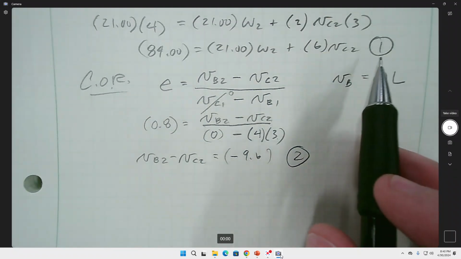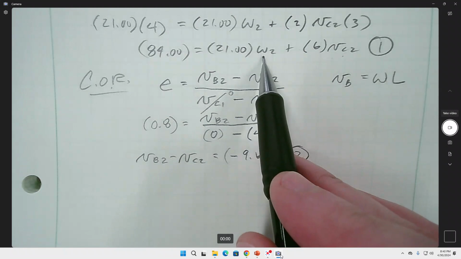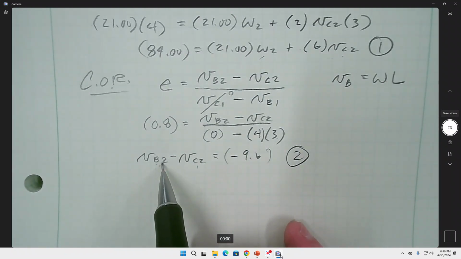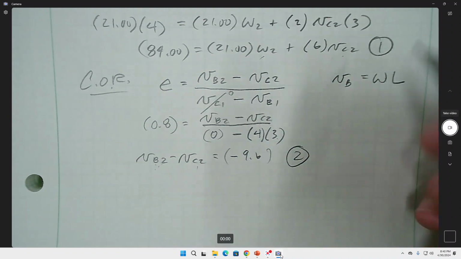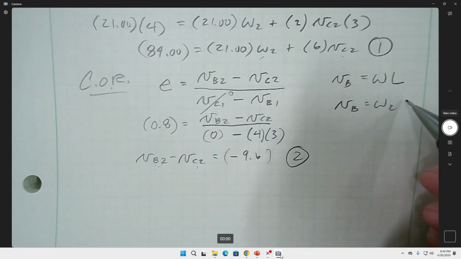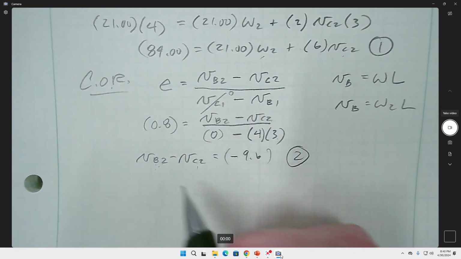But we also, so we have V_C2 and V_B2, but we can replace that V_B2. V_B2 is equal to omega 2 times L. So maybe I should have made this other one too.